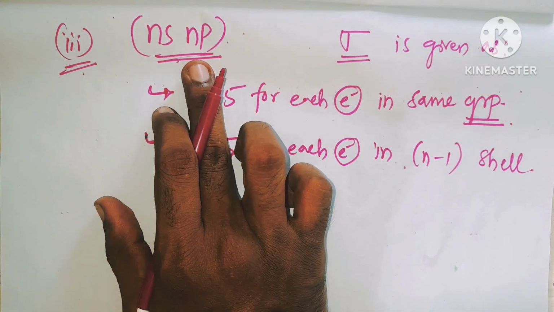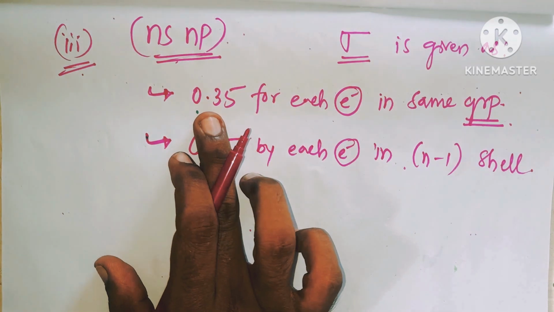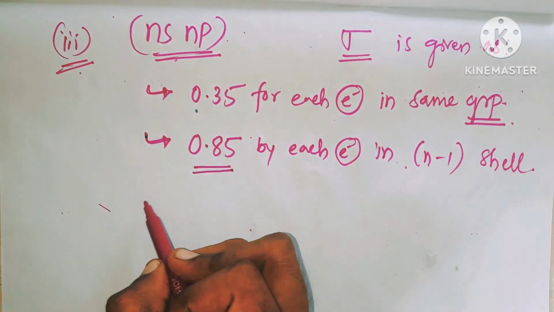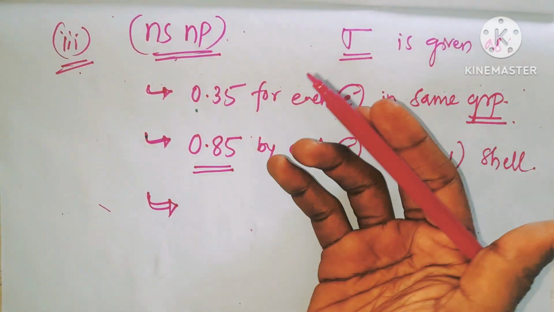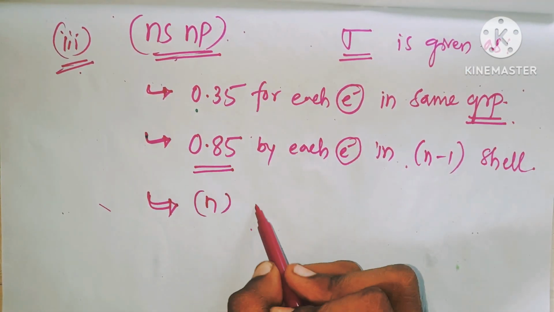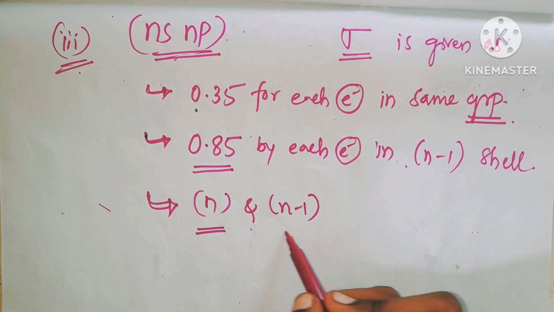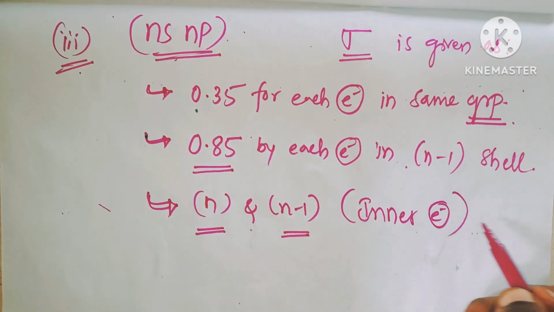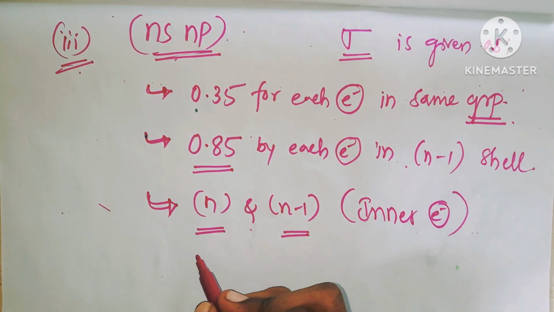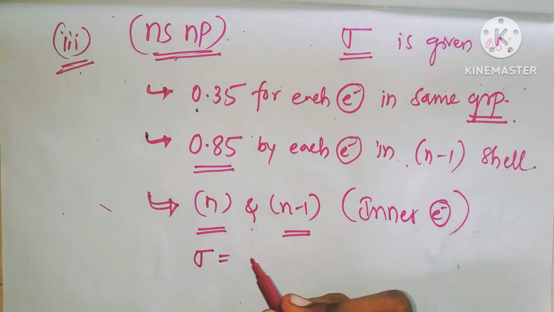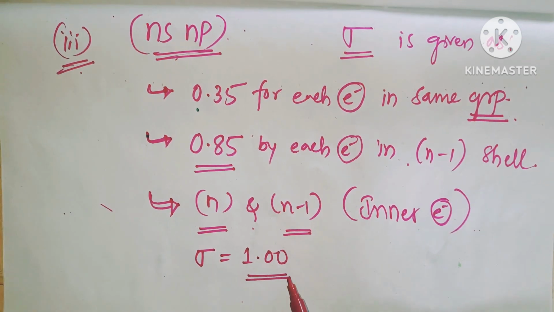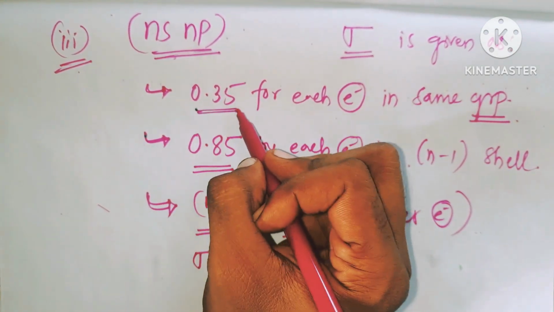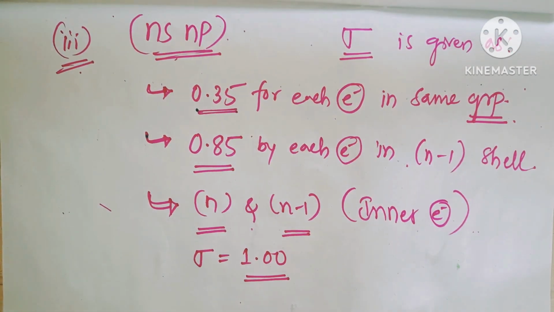Here at the n level 0.35 is considered, whereas the shell just previous to that is given 0.85. For the last one, except the n and n minus 1 shells, all the inner electrons contribute a shielding effect of 1.00 each. That is, they completely provide the shielding effect. So the first condition has 0.35, 0.85 and 1 for n.